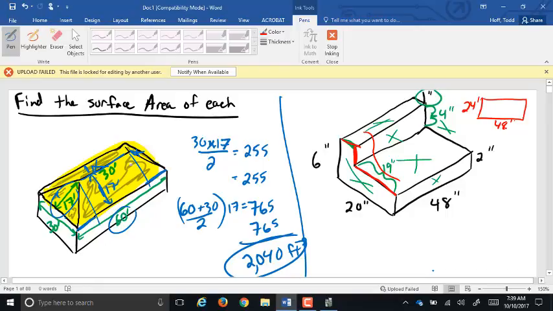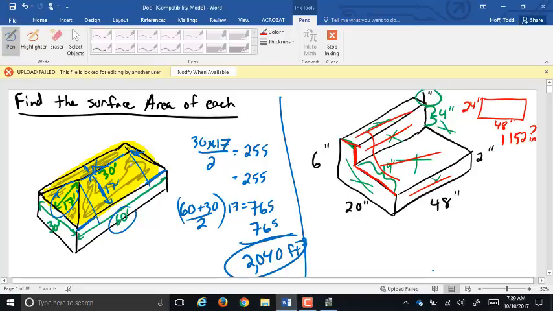24 by 48 is what? Well, it'll work either way. 1152. So that's this, this, and this. Now I'll use the ends.